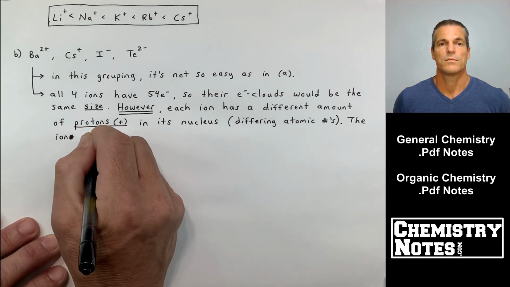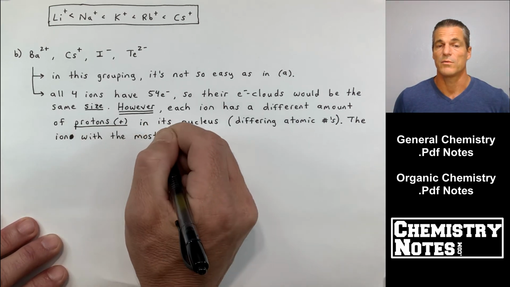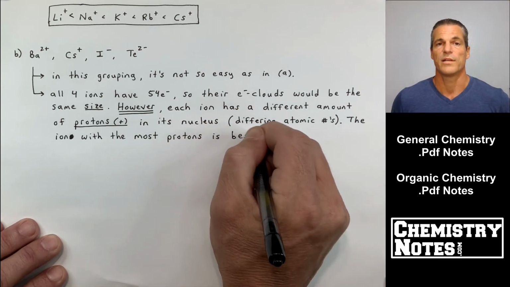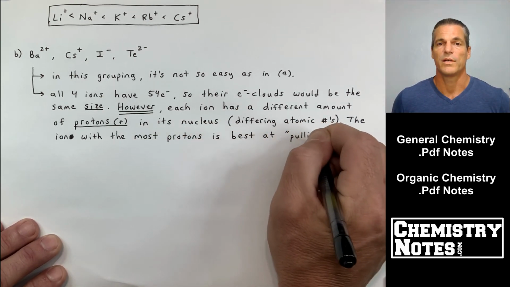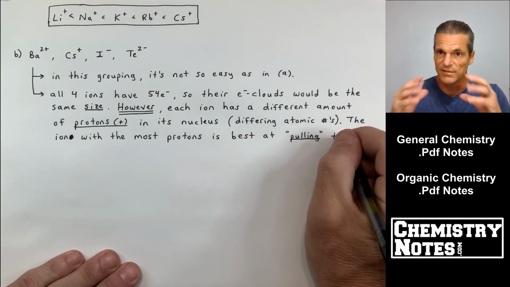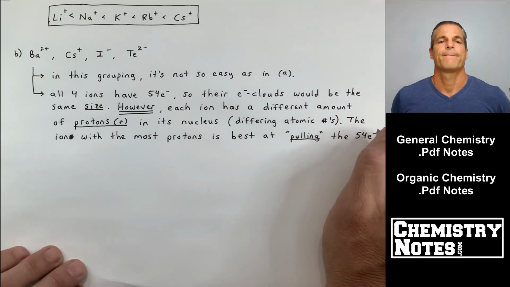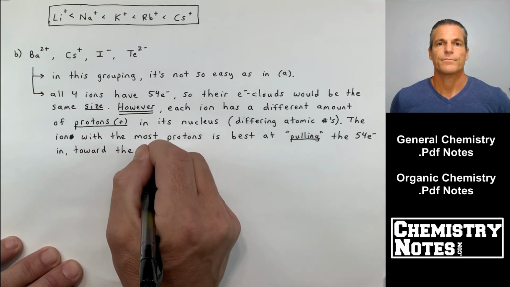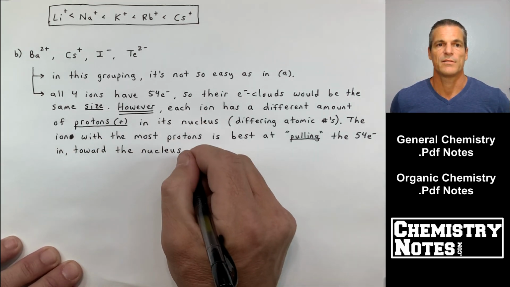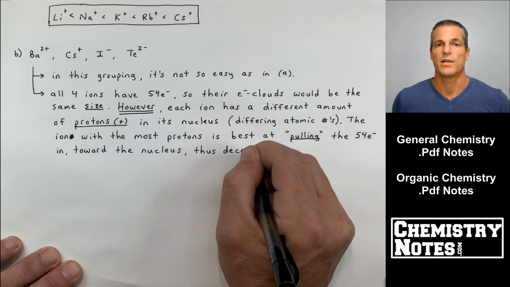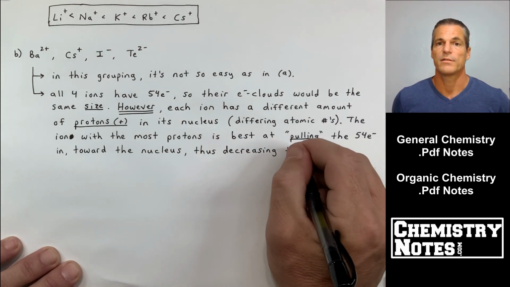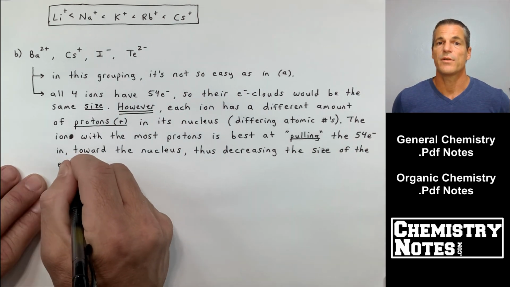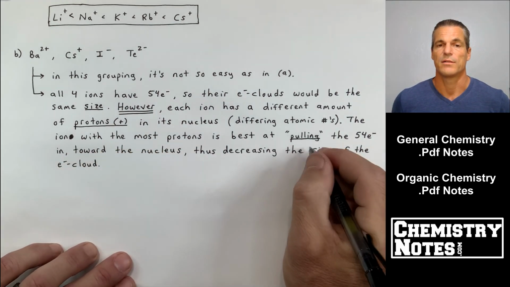The ion with the most protons, in other words, the largest positive nucleus, is going to be the best at pulling those electrons in and making it smaller. So we have to look at the atomic number. Let me just finish up writing here. It says the ion with the most protons is best at pulling the 54 electrons in toward the nucleus, thus decreasing the size of the electron cloud.